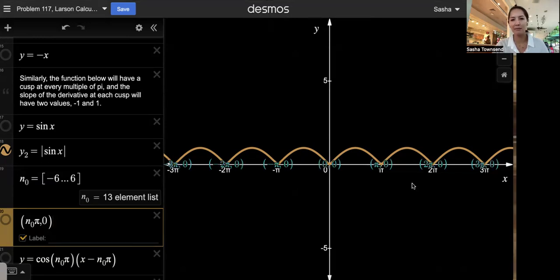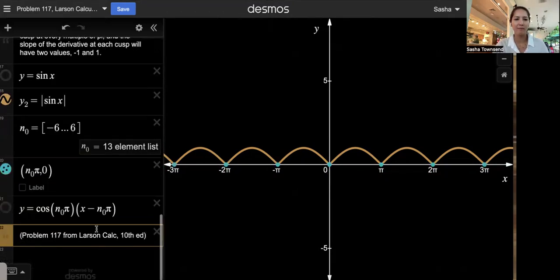Well, actually, we've already labeled the axis, so we don't need to label those points. Maybe we'll plot the points, but we won't label them. And then the slope is just cosine of n naught times pi, times x minus n naught times pi.